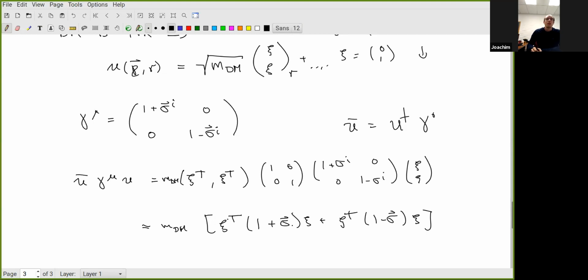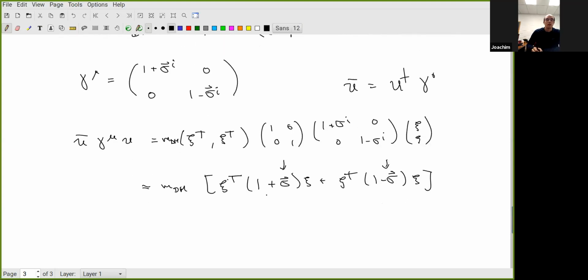So you see the terms with the Pauli matrices, they drop out because they come with an opposite sign. And all that is left is just 2 times m dark matter times Xi dot Xi, and Xi dot Xi is just a delta function. So that's just delta, let's call it delta RS. Okay, let's see if I did this correctly.